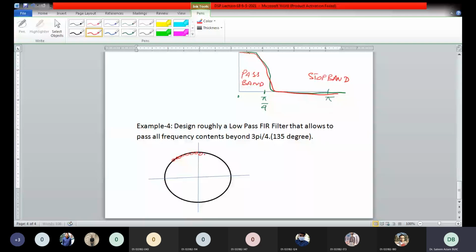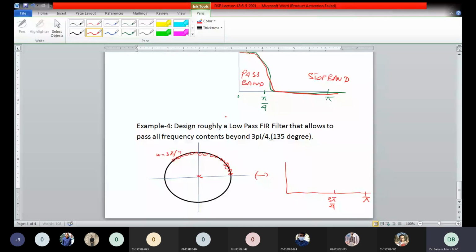So it's a rough guess that its pole zero diagram would be like this. It has a single zero at the center, and this is the frequency omega is equal to 3 pi by 4. If you draw its frequency response, it will look like this. Let's assume this is 3 pi by 4 and this is pi, and pi is the highest frequency component in your signal.